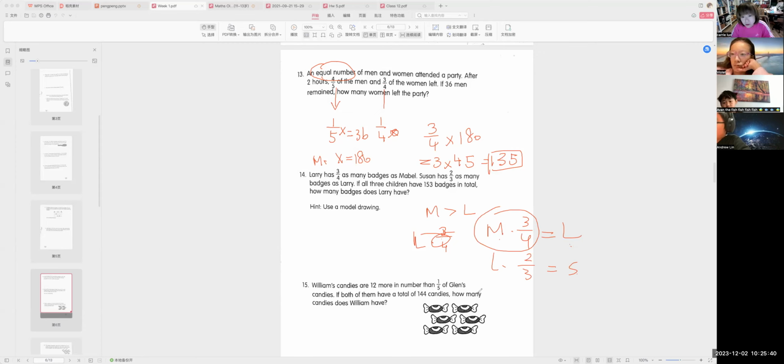Always ask yourself. If all 3 children have 153 badges in total, how many badges does Larry have? Okay, so because Larry equals 3/4 M, for the second question we can do 3/4 M times 2/3 equals Susan. So now all of them have been changed to something in terms of Mabel: M plus 3/4 M plus 1/2 M equals 153.